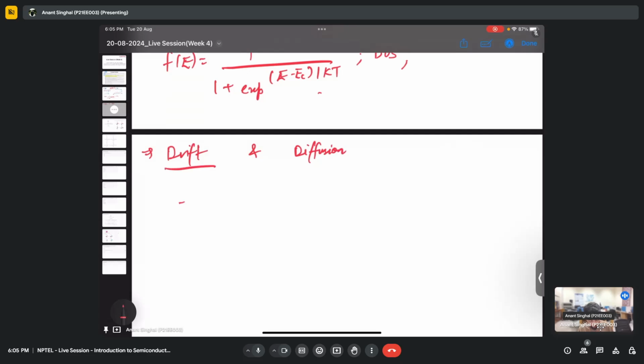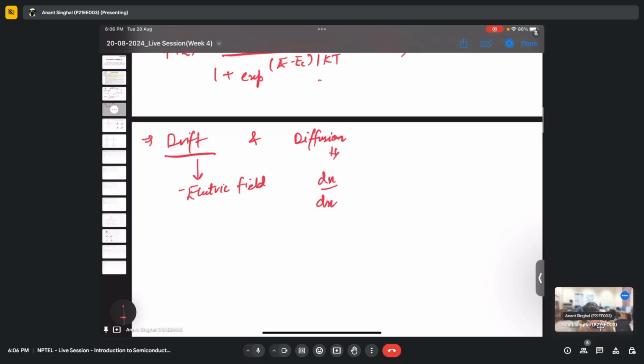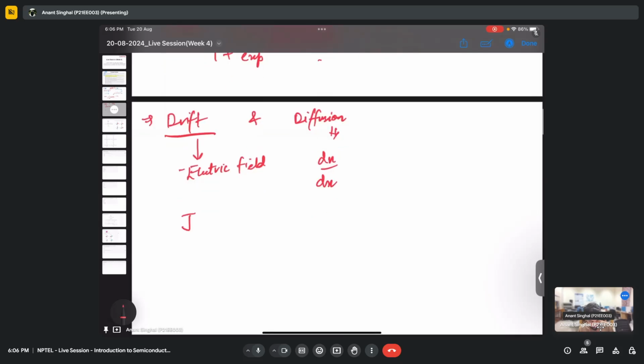In drift, we know that this is due to the electric field, and diffusion is due to the change in the concentration gradient. We got to know some relations such as Jn is nothing but n q mu n E. This component is due to the drift.